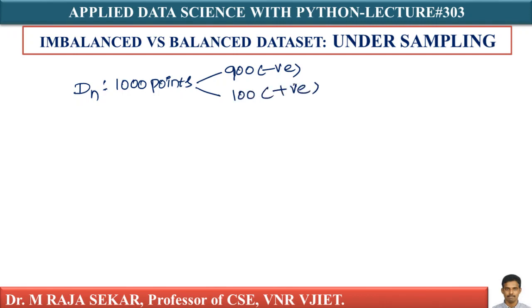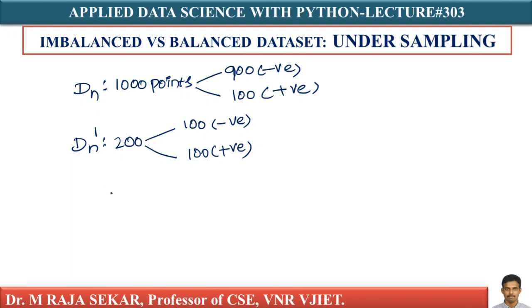That's what we assumed. Now what about my DN dash? It is having only 200 points, 100 positive points and 100 negative points. This data set DN dash is much smaller than DN.